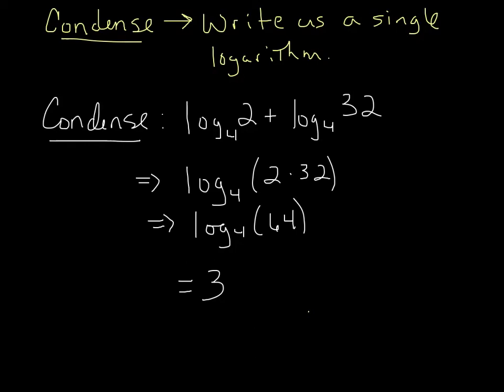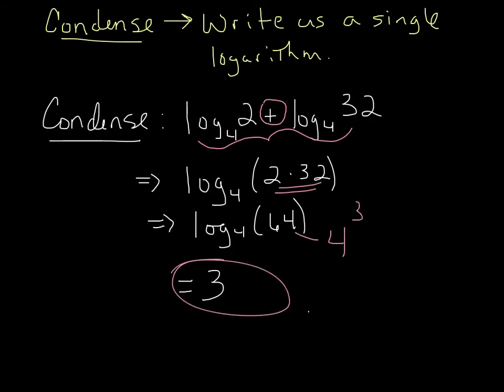But if we see that we have a sum of logs, then we can take that and write it back as a product. So 2 times 32 would give me 64. And 64 is really 4 to the 3rd power. So this whole thing just simplifies down to the value of 3. It condenses down to that one single value, that one single term.